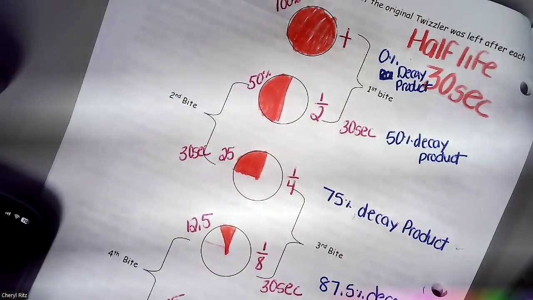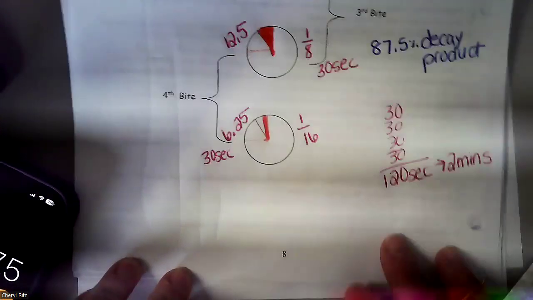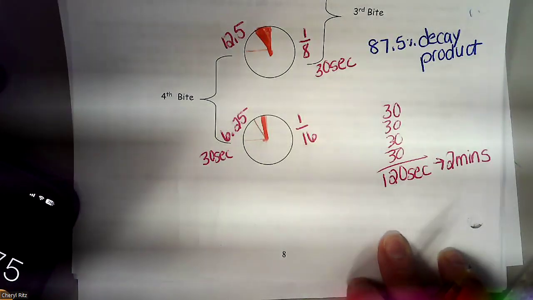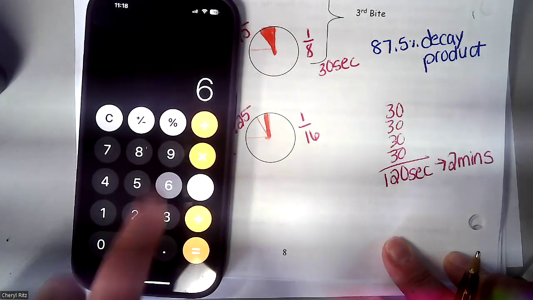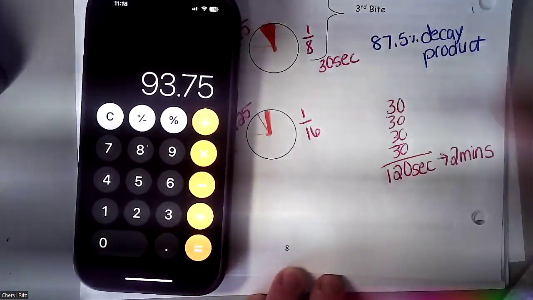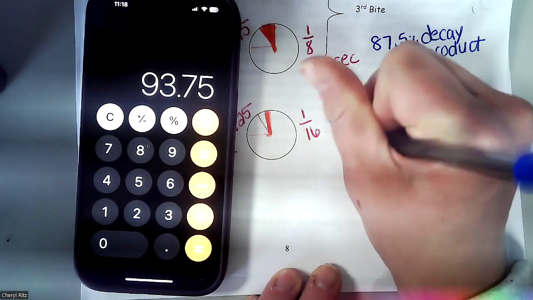So how do I figure out the next decay product for when we have 6.25%? What do I have to do? Same thing, 100 minus 6.25. That's 93.75% decay.